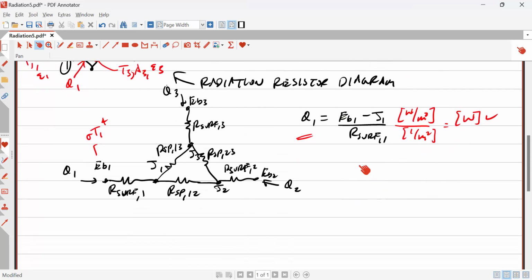So in general, it's a fancy way of solving a system of equations where you have this equation here, and then you can also define heat flows between, say, 1 and 2. So if we say Q12, where Q12 is defined as that portion of heat flow that goes between 1 and 2, you can see here that this is going to be equal to J1 minus J2 over R spatial 1,2.